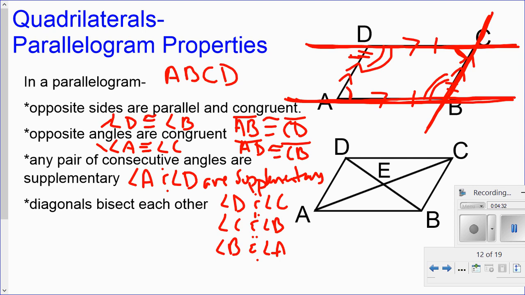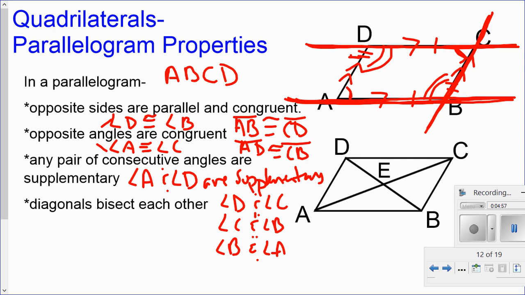Well, in this particular parallelogram, if I'm looking at these two parallel lines, the ones that I marked, and the transversal, the line CB, then I'm noticing that the two angles right alongside line segment CB are consecutive angles.